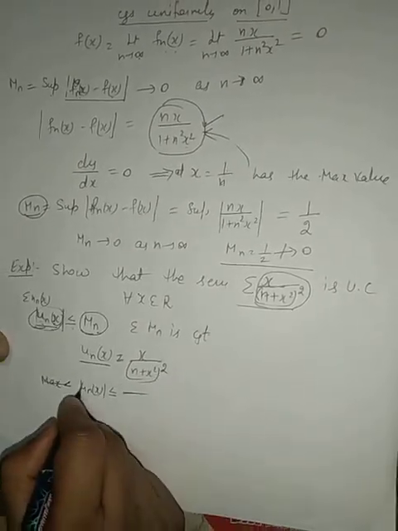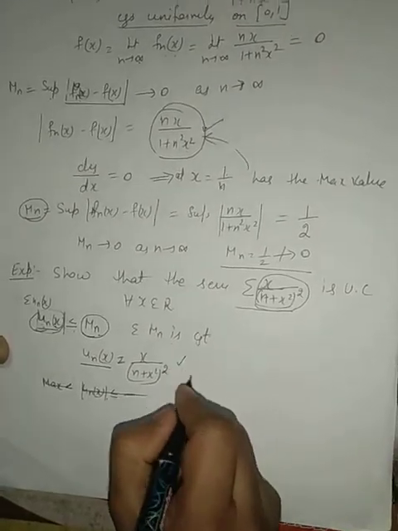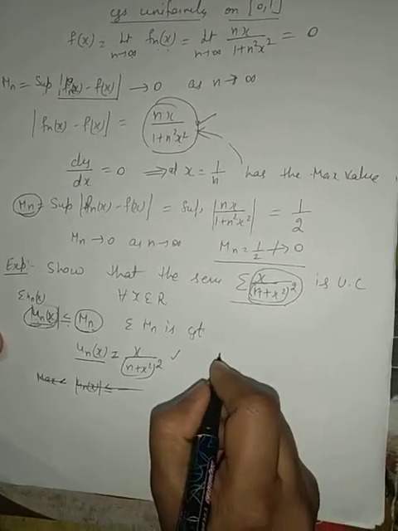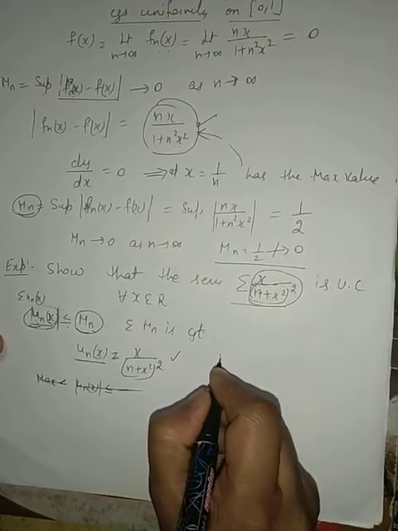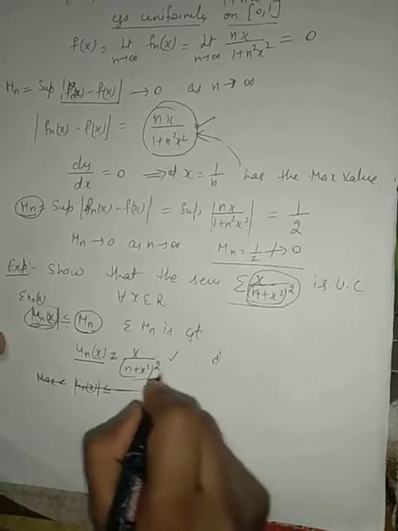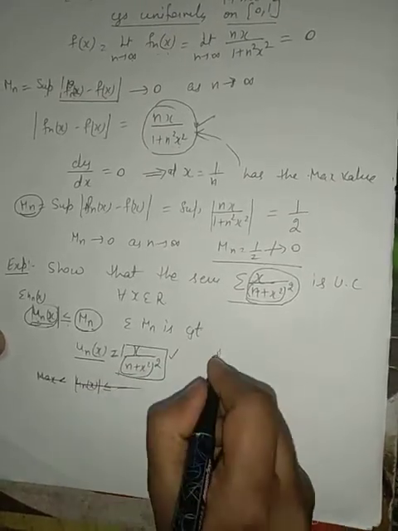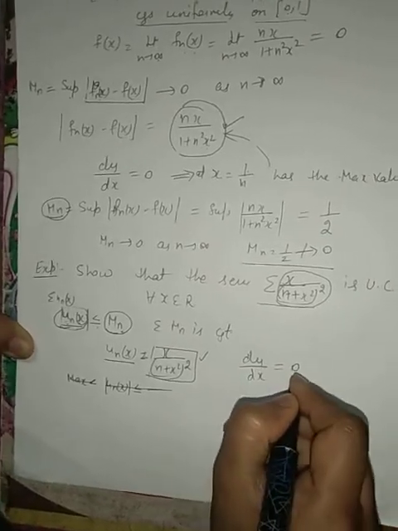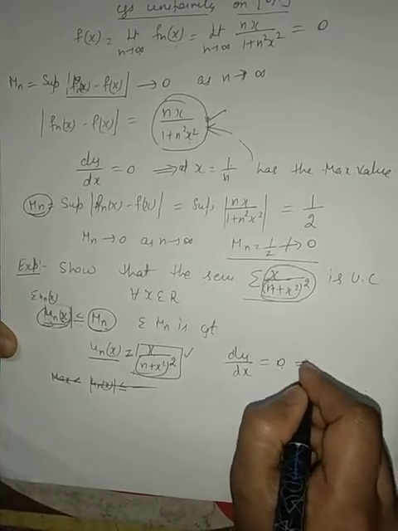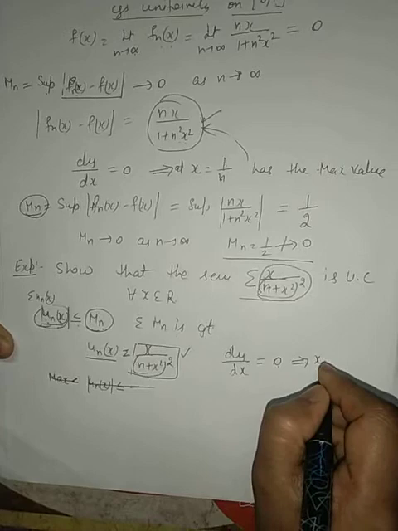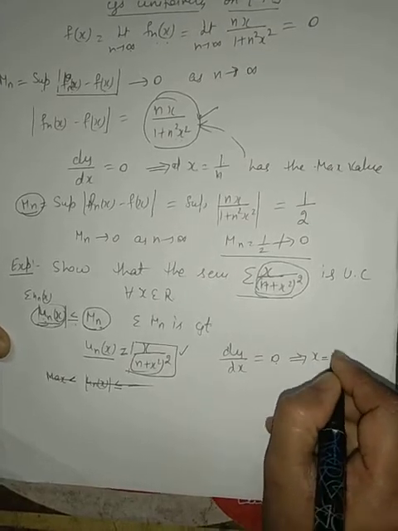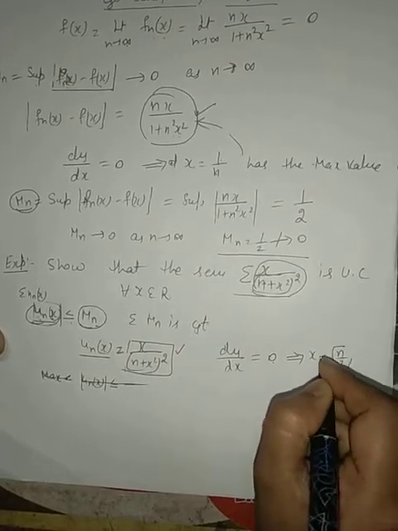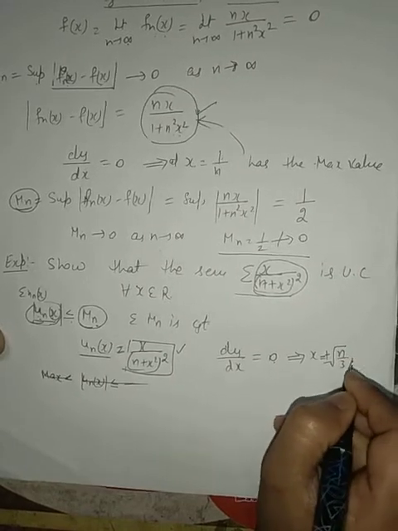So first we find the maximum value. To find the maximum value, again we use the method of derivative. We differentiate the function, dy upon dx, and equate this to 0, then you will get the two values of x: x is equal to plus or minus root n upon 3.